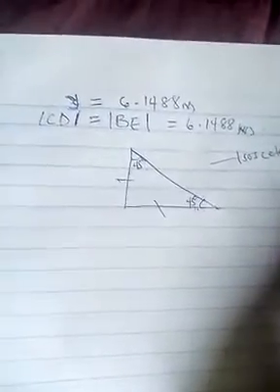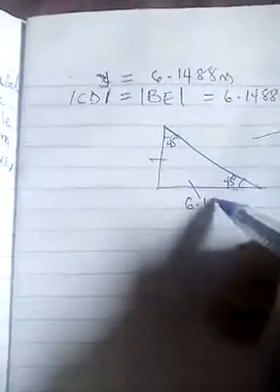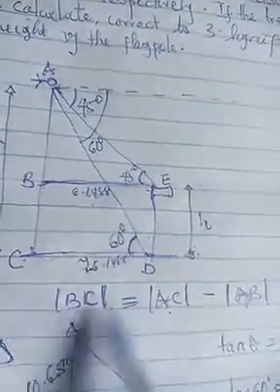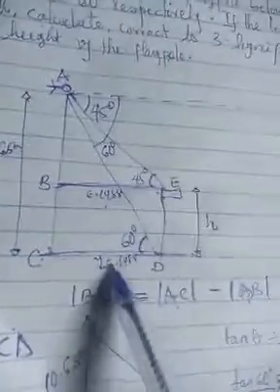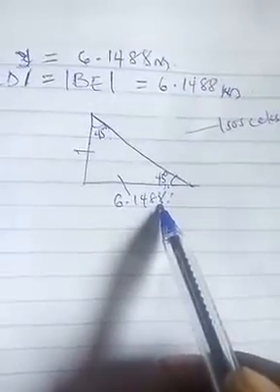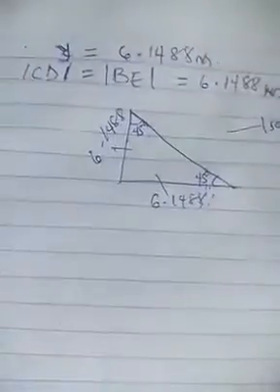So now if you look at this already, this one is 6.1488, and since we got this answer, then we know that they are equal. So if this side is 6.1488, of course the other side here will also be 6.1488.